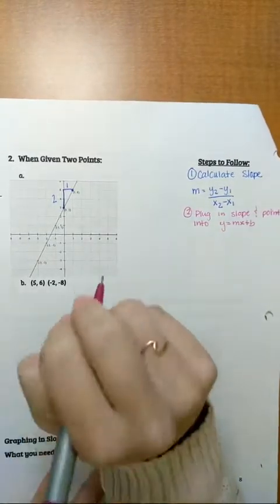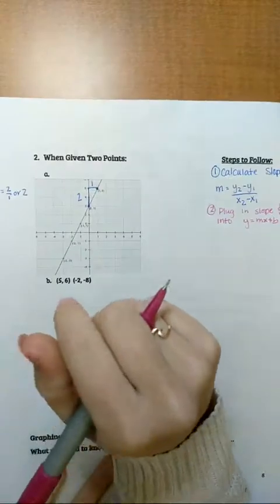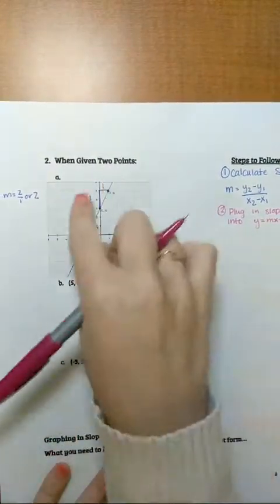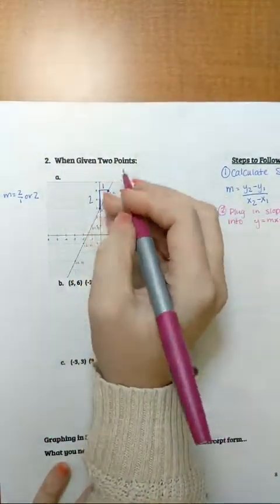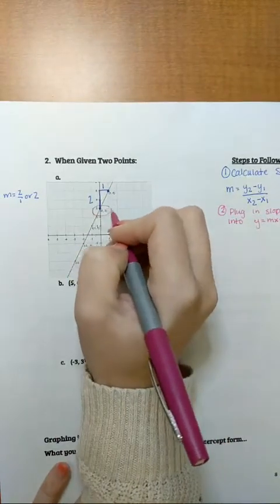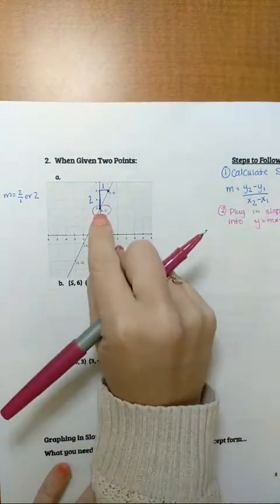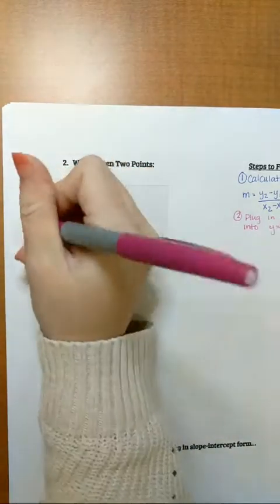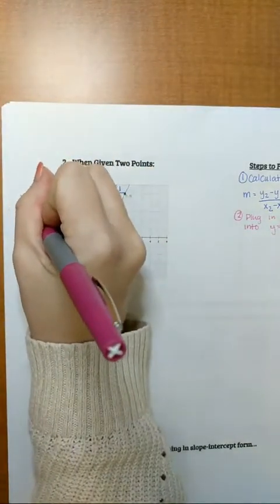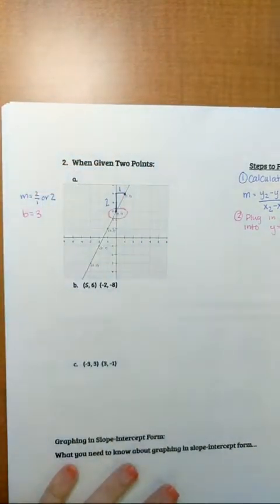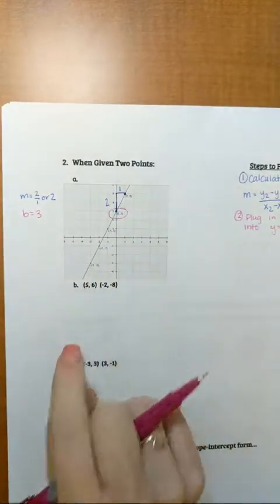And that is to find your b. Now again, we are given the graph here. So we know that b is where we cross the y-axis, which is at this point here. So our b is going to be 3. I'll show you how to actually do the steps on letter B.